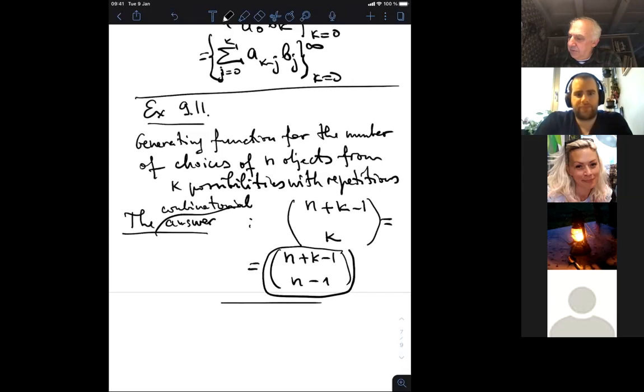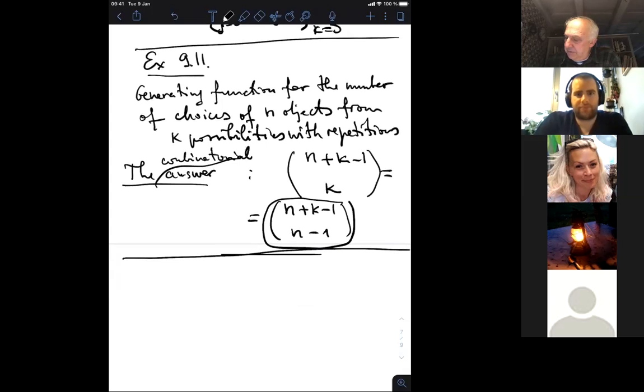So the question which I want to answer is as follows. So we'll get a sequence of numbers a_k, in our case, n is fixed, and we want to have a generating function for the numbers. n is a fixed positive number, n plus k minus 1 over k.